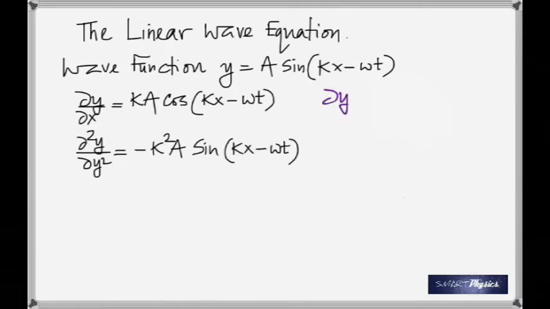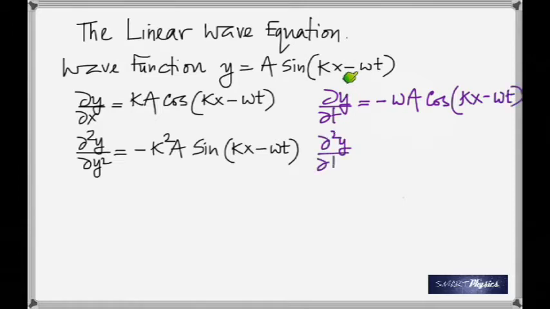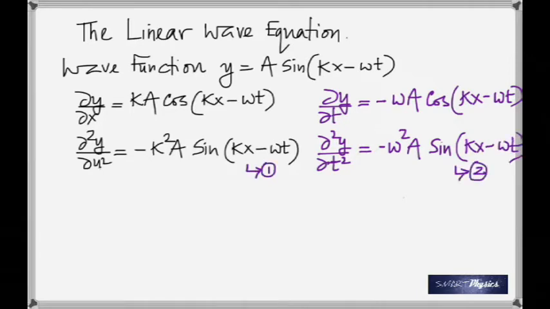Now do the same thing with time, holding x constant. You will get minus omega A cos (kx minus omega t), that's minus because of the minus sign here, of course. And then you will get minus omega squared A sine (kx minus omega t). Let's call this equation 1, that's equation 2, and that's dou squared y by dou x squared.